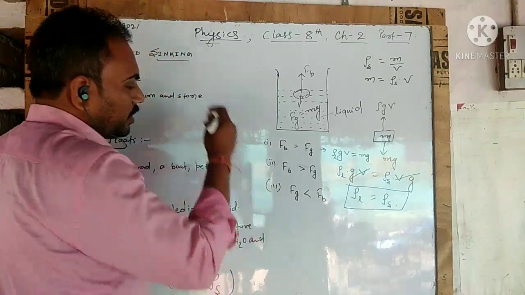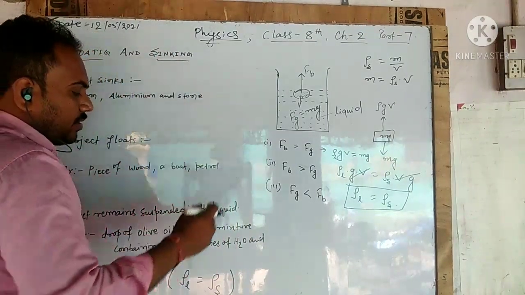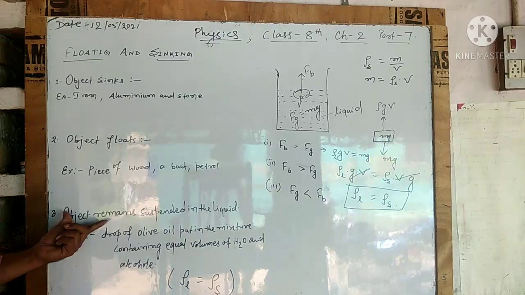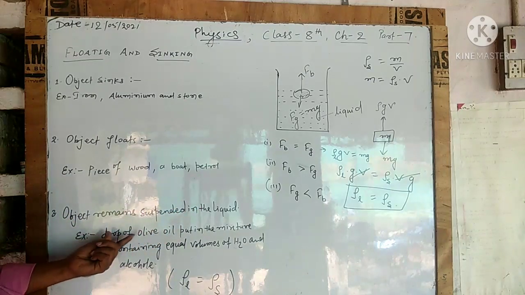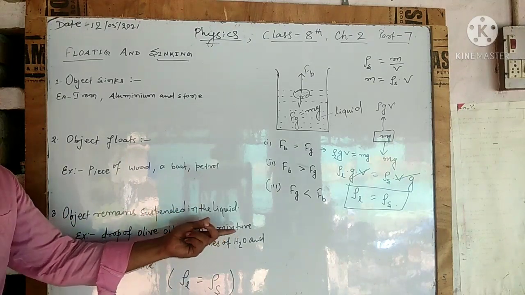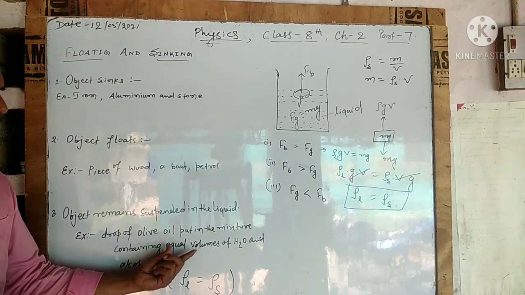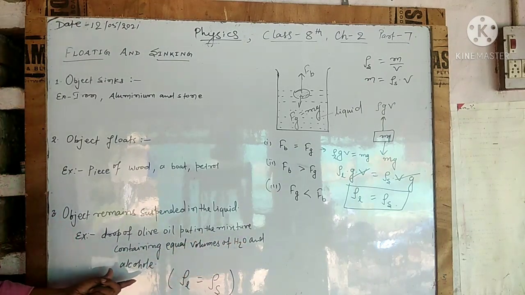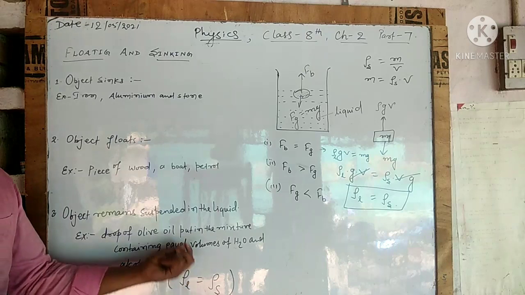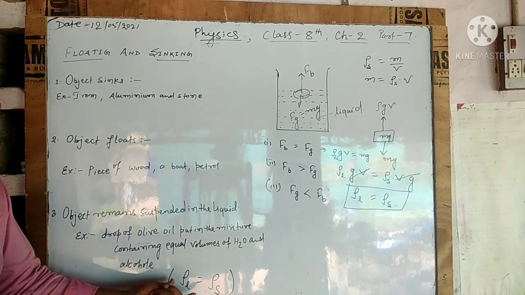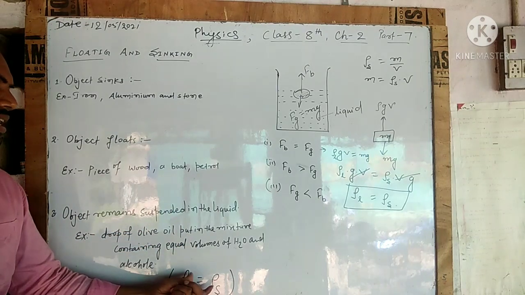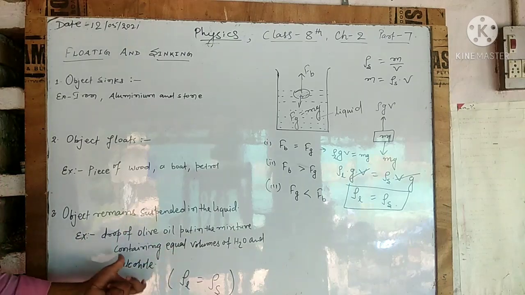For example, a drop of olive oil put in a mixture containing equal volumes of water and alcohol. In this example, the density of liquid and density of substance are almost similar.